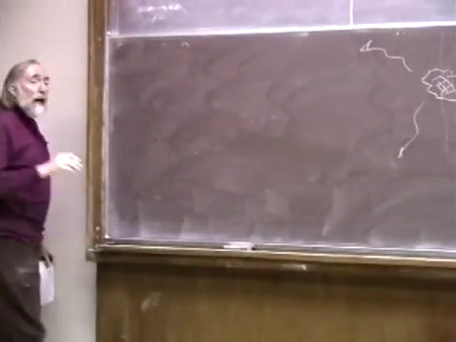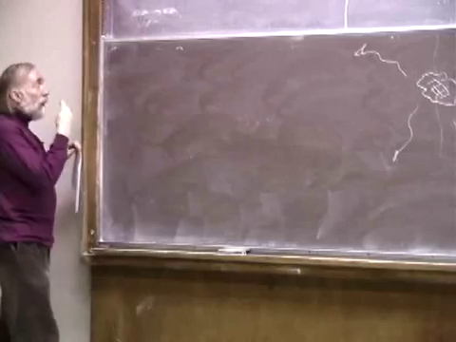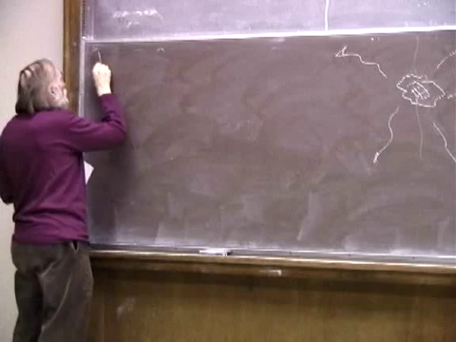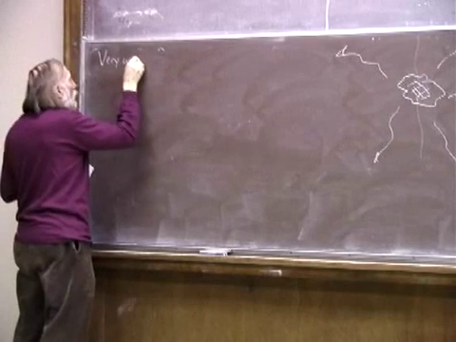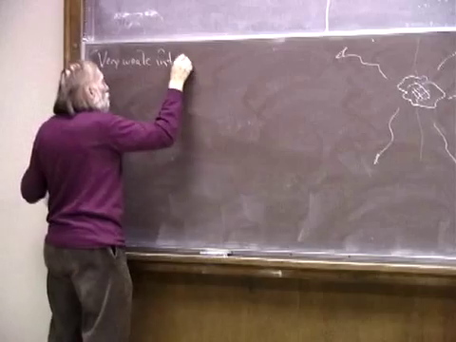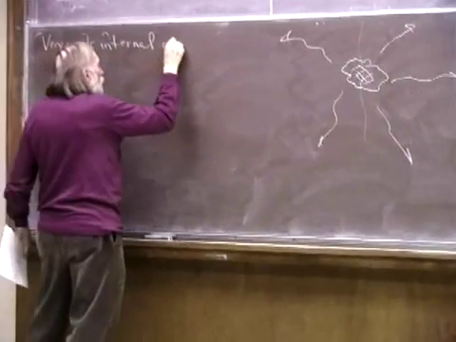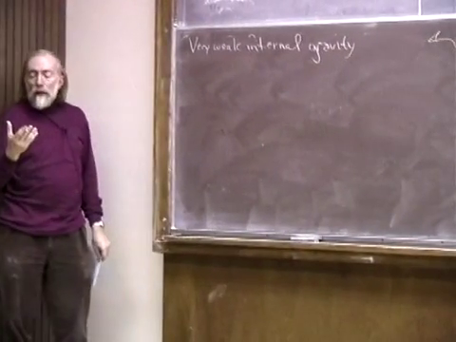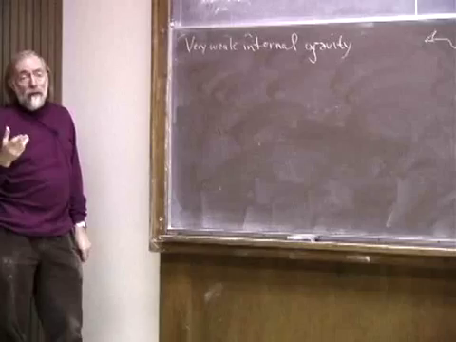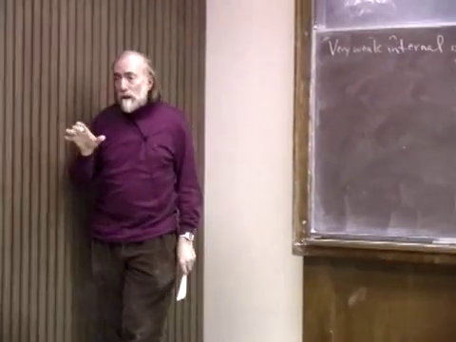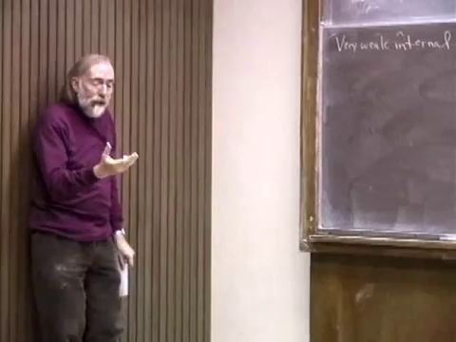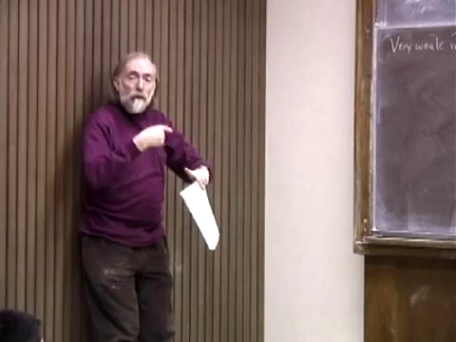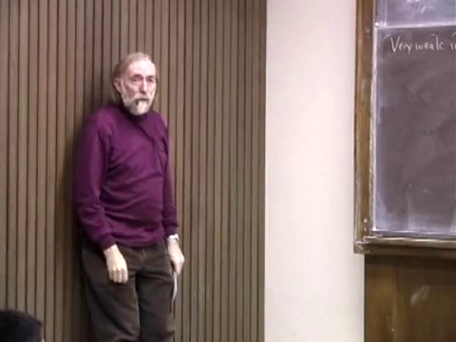And to make this tractable for a very first pass, I'm going to assume that we have a source that has very weak internal gravity, to the point that I'm going to even ignore its internal gravity, so all its motions are produced by internal stresses. That's not true of astrophysical sources, and I'll comment on what's different in the case of astrophysical sources, where it's the self-gravity of the system, such as a binary star system, that is generating the motions that then in turn produce the gravitational waves.